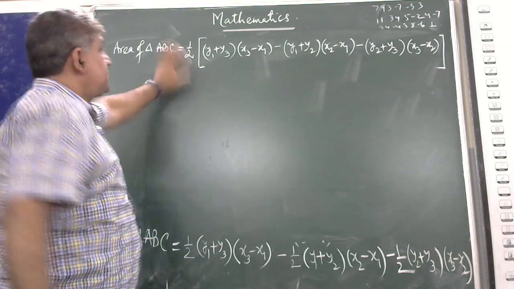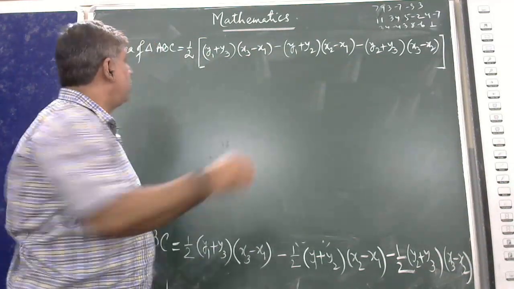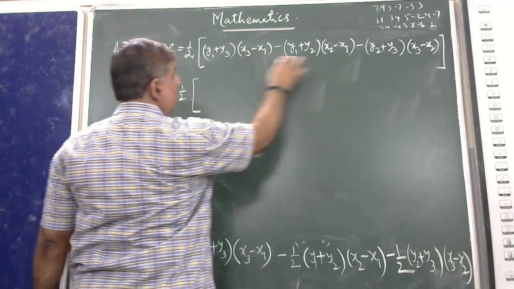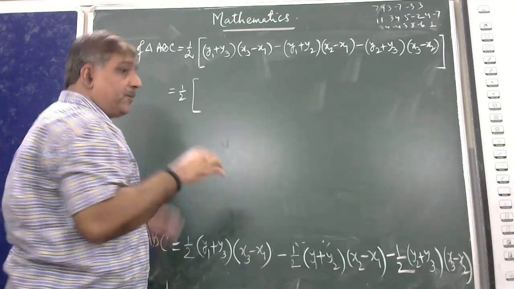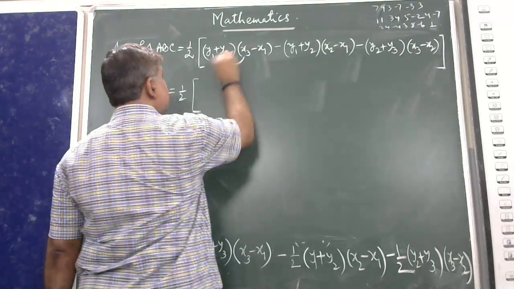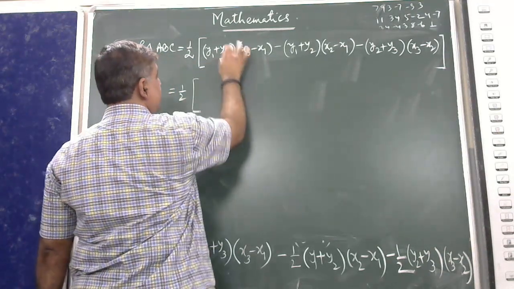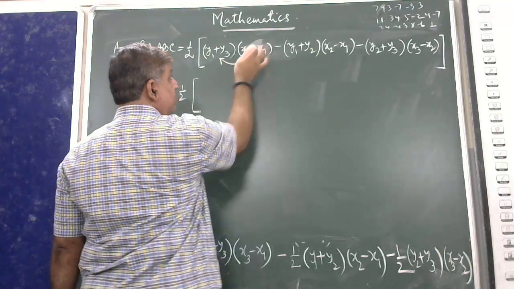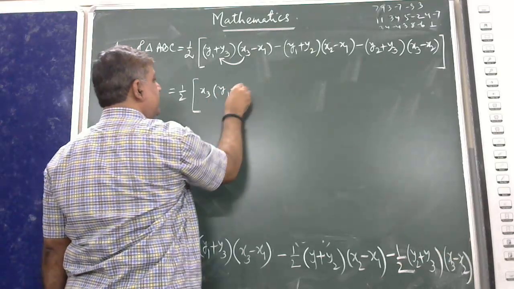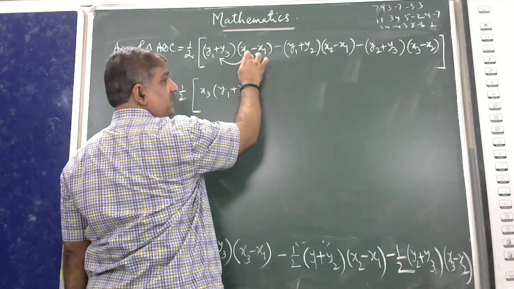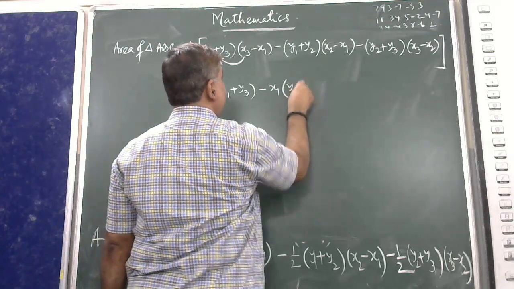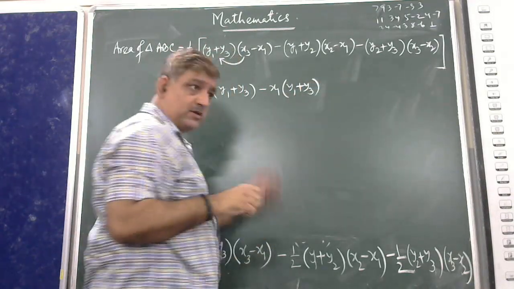Now, try to open these brackets. What happens? You see here, half in the bracket. If you open all these brackets, how to open it? We will multiply x3 with y1 plus y3, so x3 into y1 plus y3. Then minus x1 into y1 plus y3. Check out the multiplication.